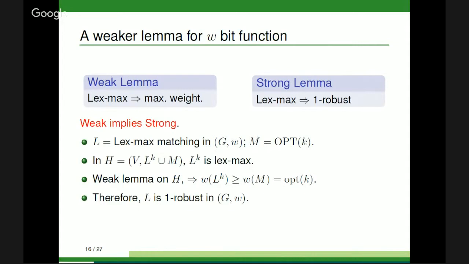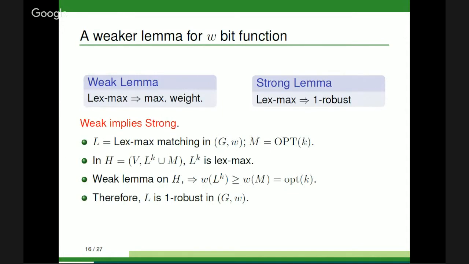And now compute the graph that has as edges Lk and M. So in this graph, you only have edges from the top k edges of L and edges from M, from the optimum. Now, in this particular graph, if you choose M carefully, and I'm not showing you why, so among all the optima, you select one particular optimum, you can show that Lk is Lex-max. Okay, it's very natural. So the prefix of L should be Lex-max, and that's indeed the case.